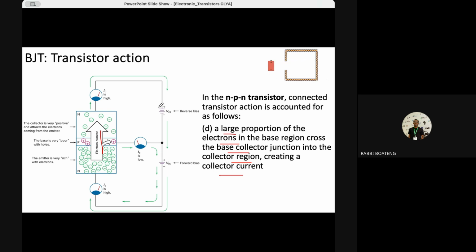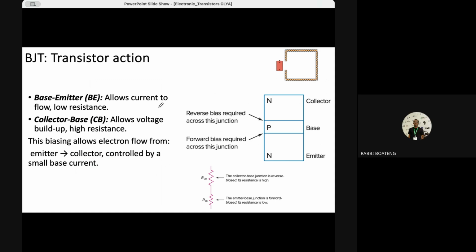Now, let's go on to something here. We understand the electron movement in that configuration. Ideally, for NPN, we expect this one to be forward, as we said earlier, and this one to be reverse.